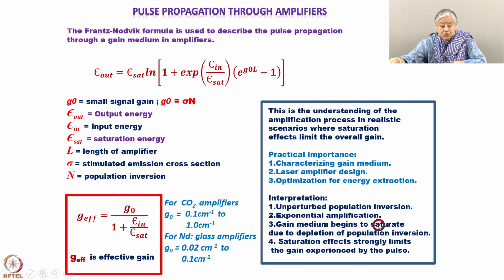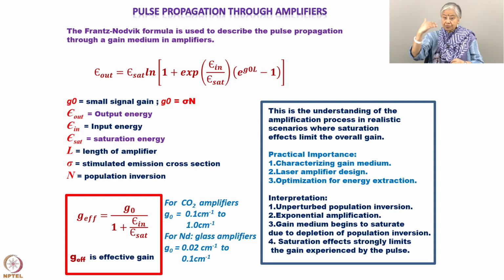Gain medium begins to saturate. Now, this is what needs a little bit more understanding. When I say saturate, that means as the pulse is going into the medium, it is extracting the energy. That means your population is coming down, so the gain also comes down.